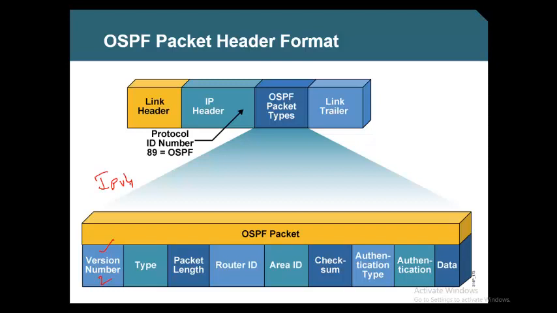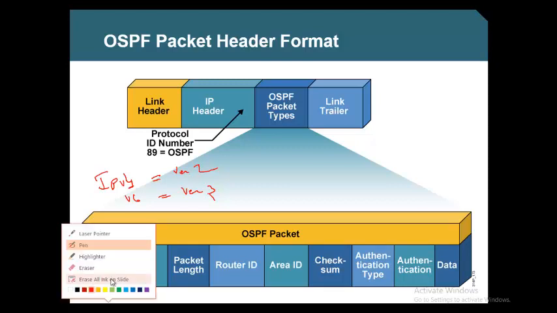IPv4 OSPF is version 2. You will see that number here. 2 means version 2. The IPv6 version of OSPF is version 3. So if you see 3 here, then it is the IPv6 version of OSPF.